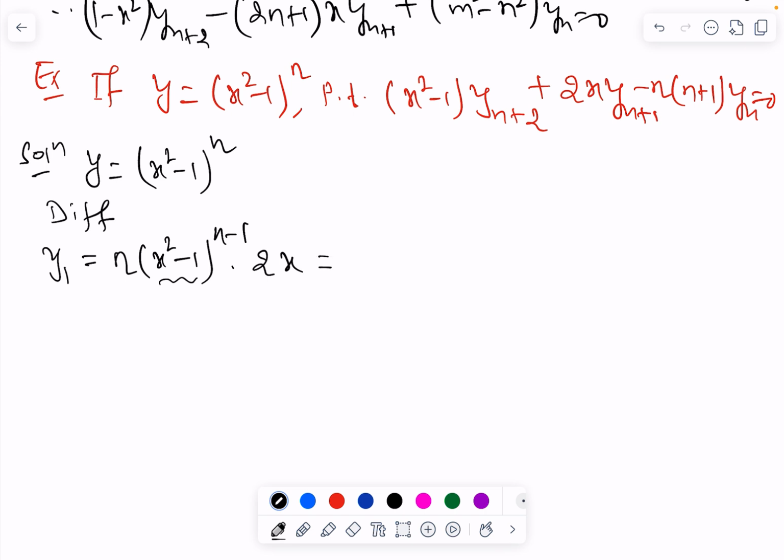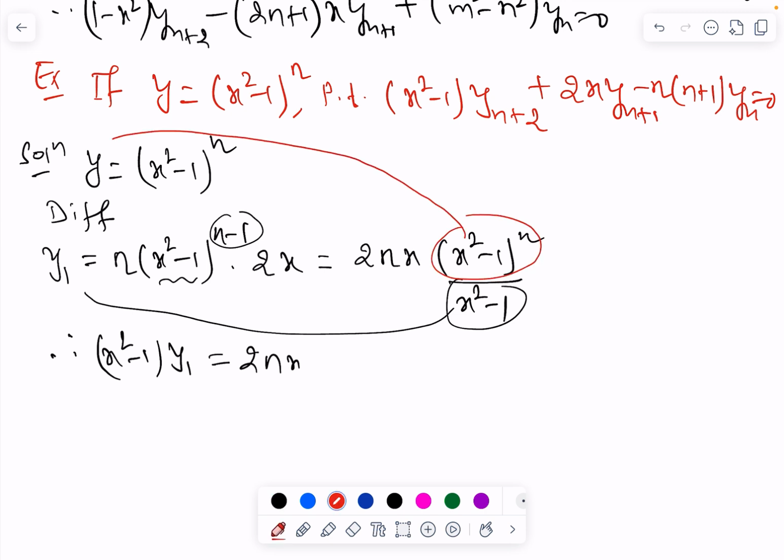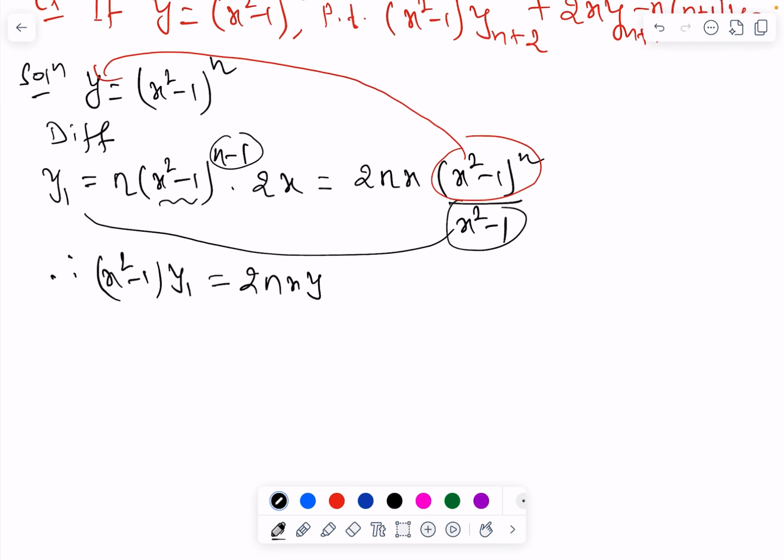So this we can write as 2nx (x square minus 1) power n divided by (x square minus 1). So therefore (x square minus 1) y1 equal to 2nx, and then (x square minus 1) power n is y. So that is 2nxy.